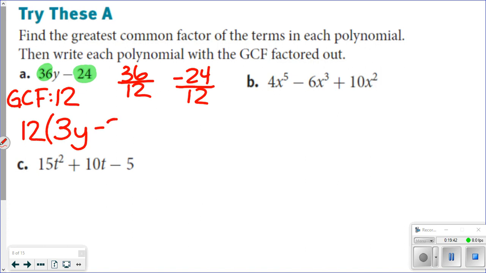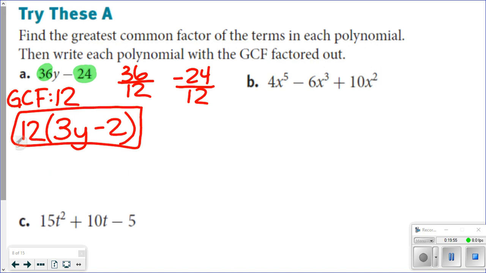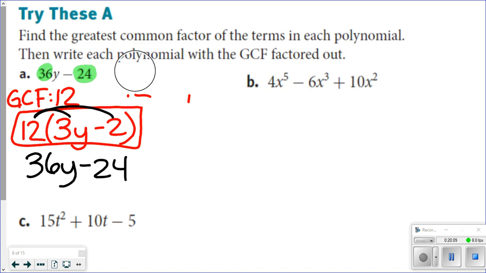And we get negative 2. So this right here is my answer. I'm factoring out the 12, and what I'm left with stays inside my parentheses. And now, let me show you. If I multiply these, I get 36y minus 24, which is what we started with, so we know that we have factored out the greatest common factor correctly.